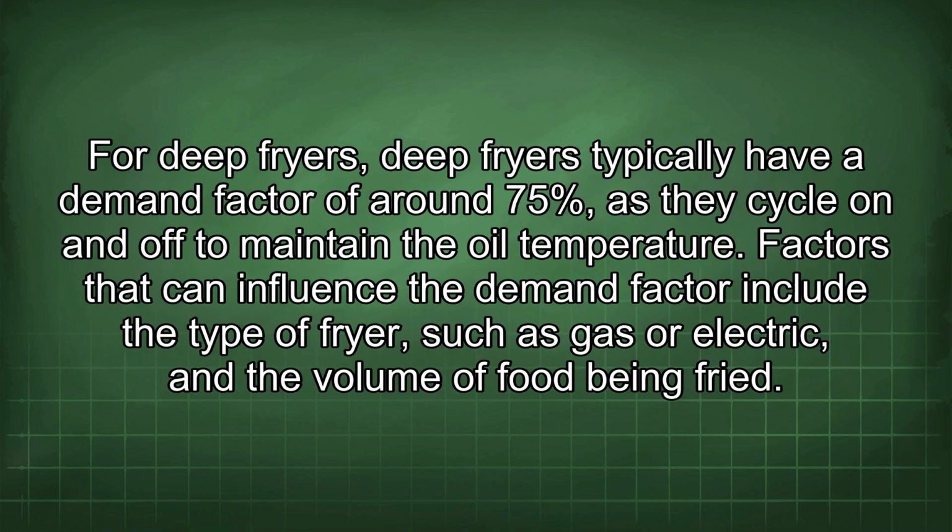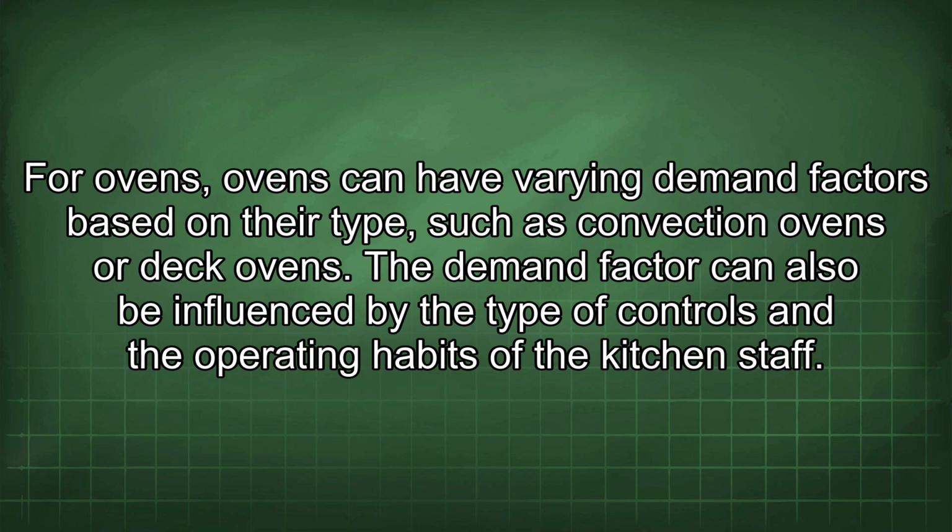Deep fryers typically have a demand factor of around 75%, as they cycle on and off to maintain the oil temperature. Factors that can influence the demand factor include the type of fryer, such as gas or electric, and the volume of food being fried. Ovens can have varying demand factors based on their type, such as convection ovens or deck ovens.